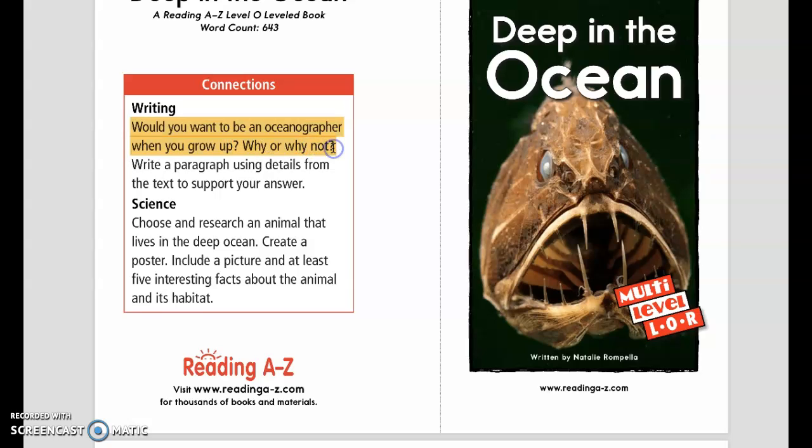Why or why not? Again, the question is, would you want to be an oceanographer when you grow up? Why or why not? Now, after reading this, you would know that an oceanographer is someone who studies ocean life. So it's asking me, do I want to be that? Would I want to be that when I grow up?